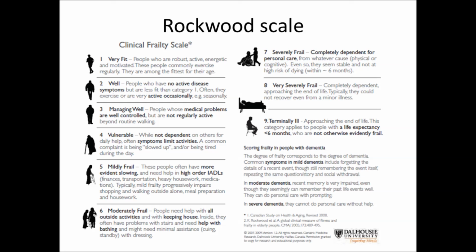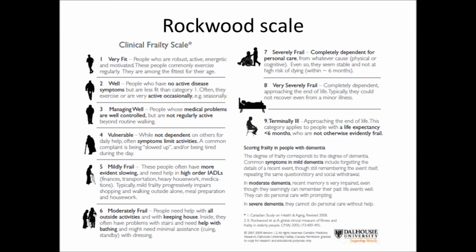And it has some pictures so that it allows you to very quickly roughly put someone into a category. So somebody who's walking around the house and slowing up, but still essentially managing the routines, might be a category 5. Somebody who's needing help to run the house and probably now walking with a frame will be a category 6.